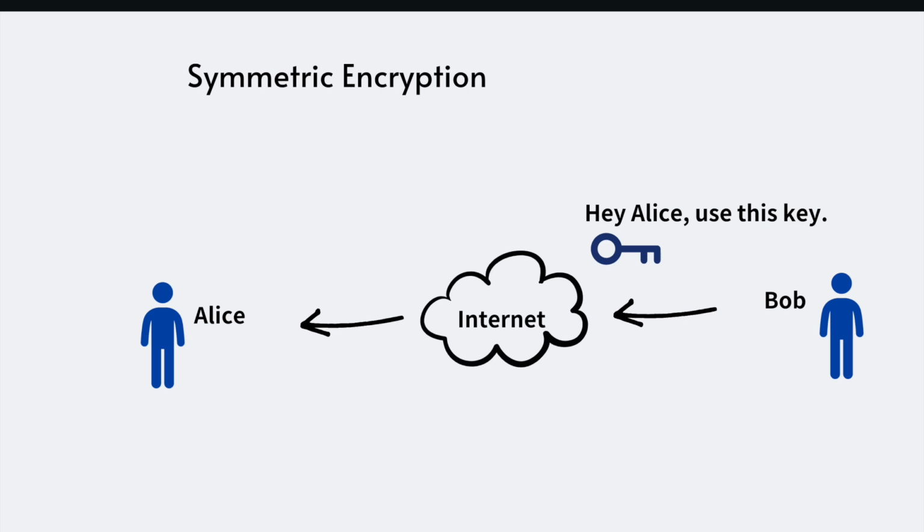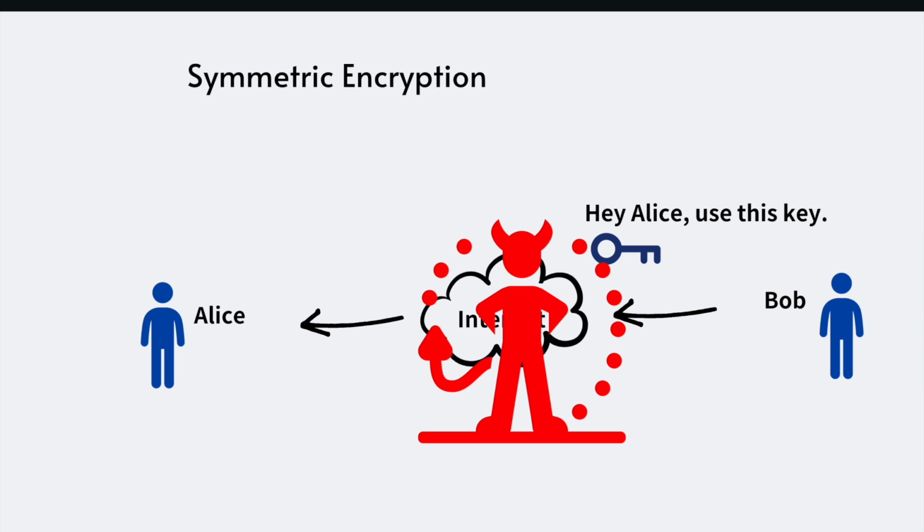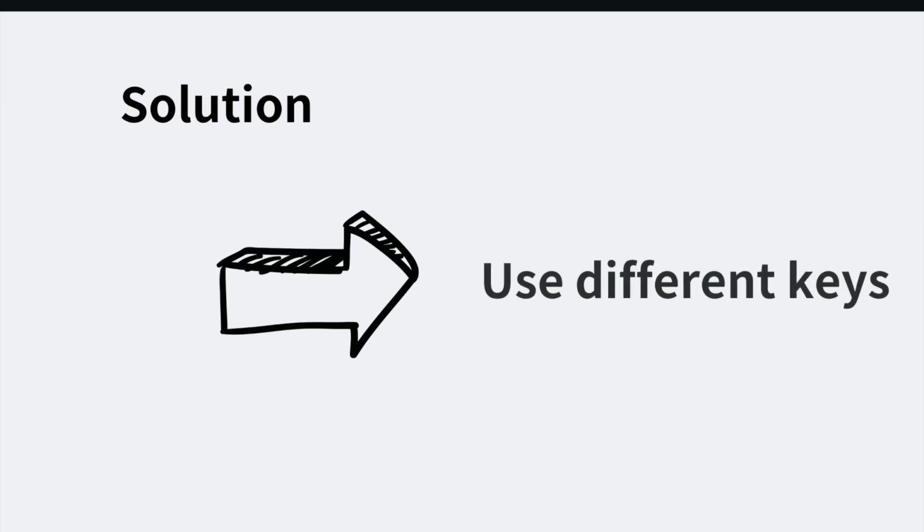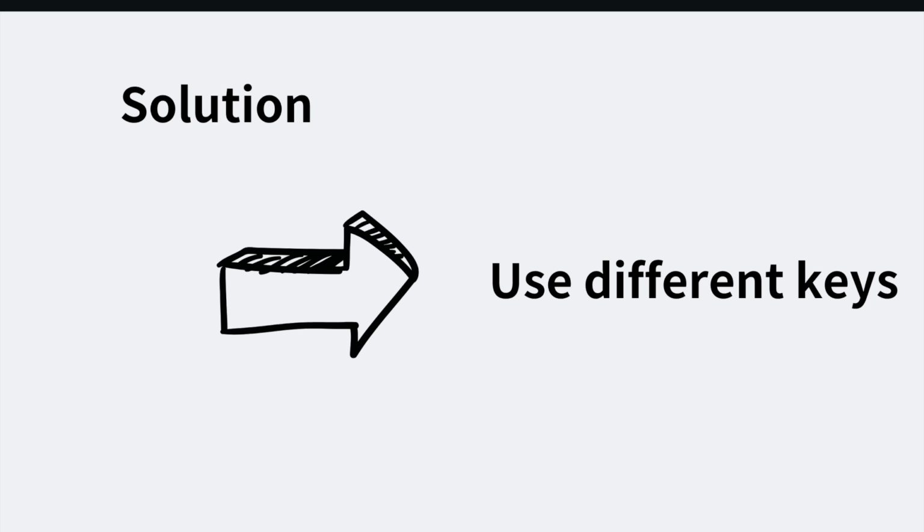If the first time Bob sent the key to Alice, an eavesdropper appeared and copied the key, then all their communication may be heard by this hacker. So there's a solution. The solution is to use different keys to encrypt and decrypt.